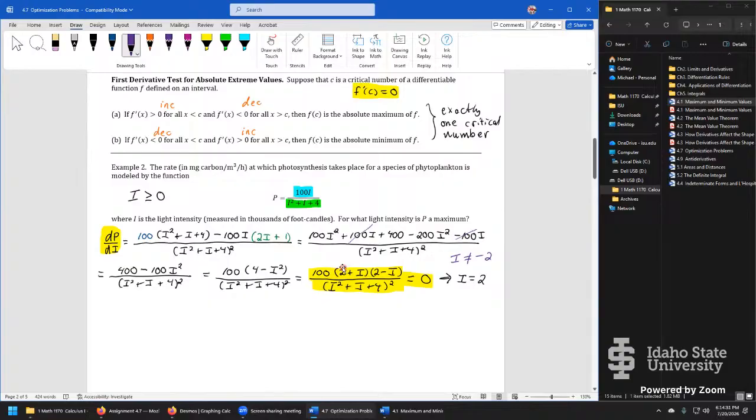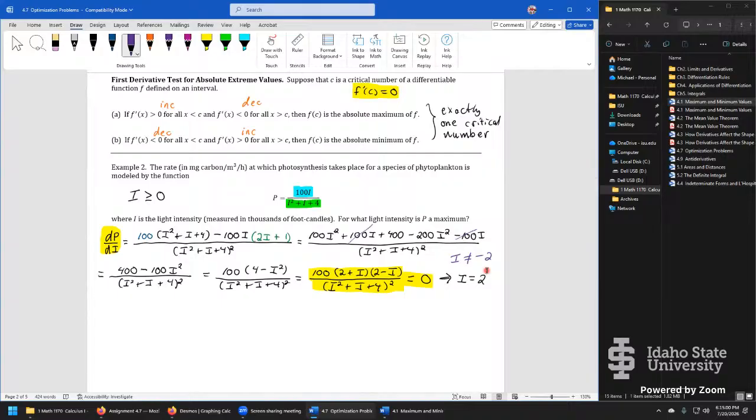But that's what we're expecting for these kind of problems, because if we're going for an absolute max or an absolute min, remember we expected exactly one critical number, and that's what we found. I is 2. If we have multiple critical numbers, it's probably a domain issue. So check the domain of the function, or maybe an algebraic mistake. So if the domain of the function doesn't eliminate one, double check your derivative, the simplification, and so on.